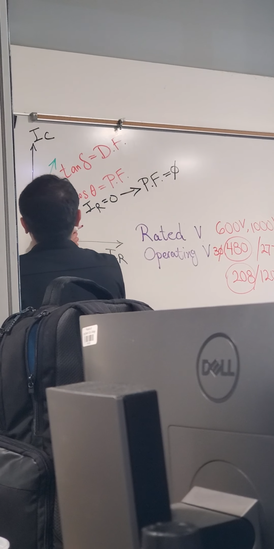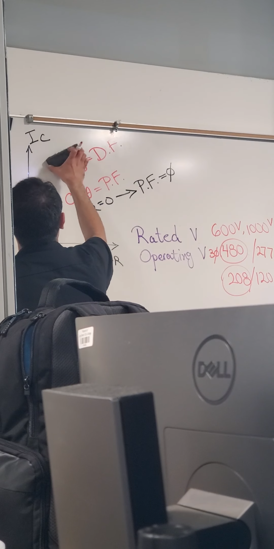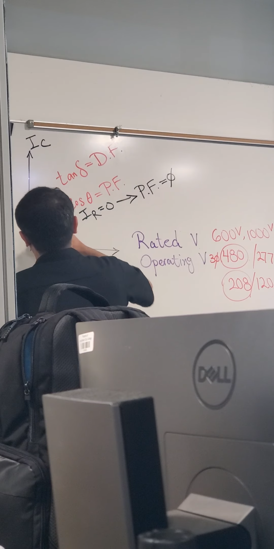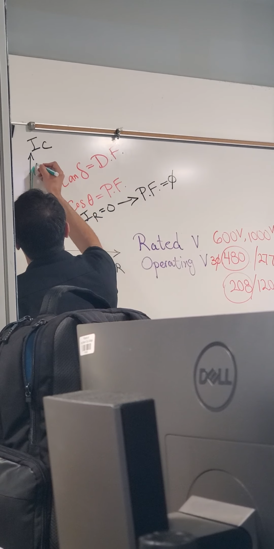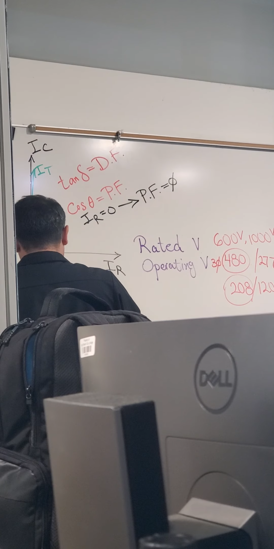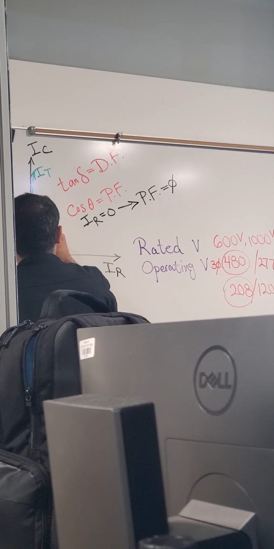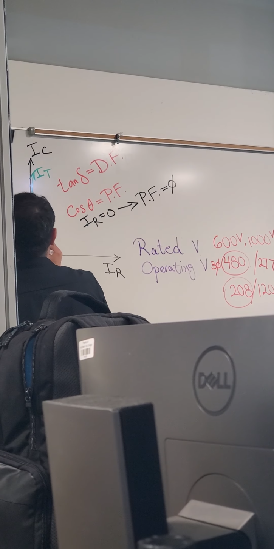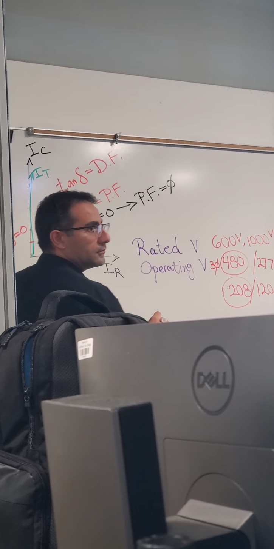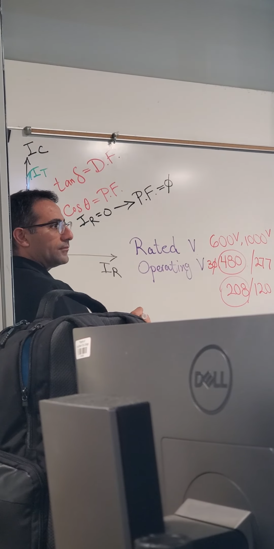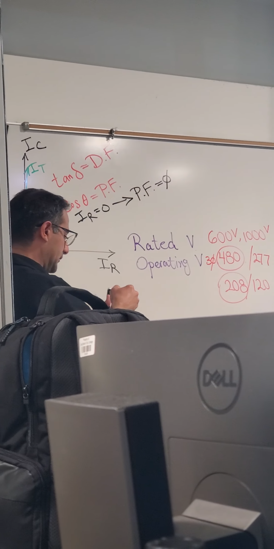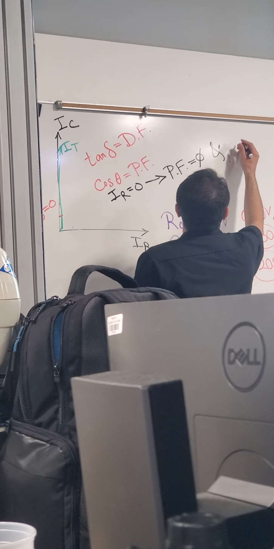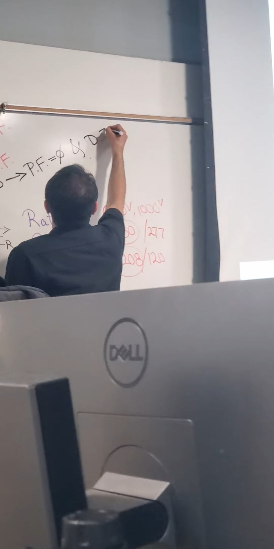So again, in the perfect case, if the leakage current is zero and I have a perfect insulation and my total current is the same as the charging current, this angle is going to be zero. So my delta is zero. What's tangent of zero? Tangent of zero is zero.